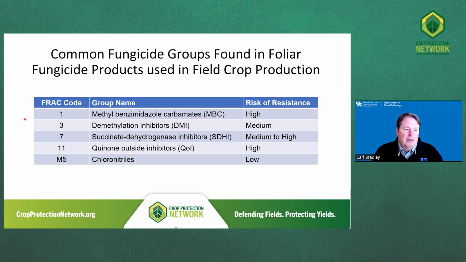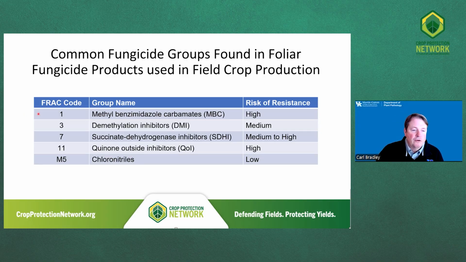And just kind of a general list. This probably doesn't contain everything, but it's pretty good coverage of the main FRAC groups that we use as foliar fungicide products in field crops.